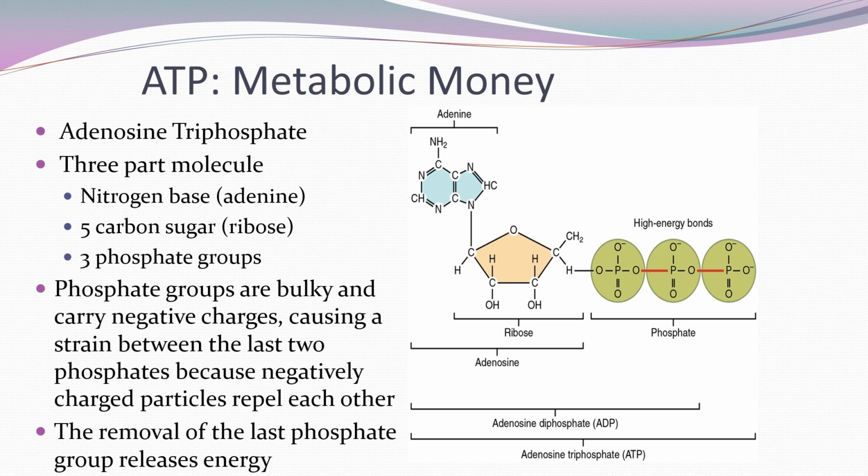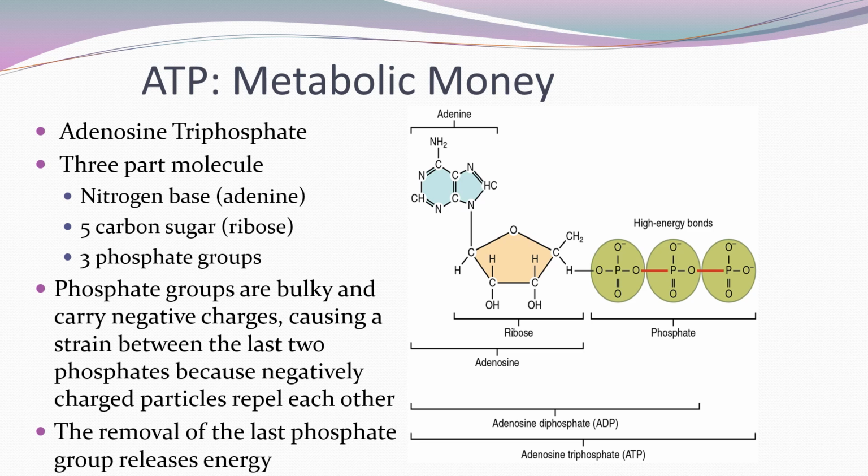So the reason that they are stuck together is because of a high energy bond that keeps them stuck together, even though they're trying to push and get away from each other. That's where the energy is going to come from when one of these phosphate groups pops off or breaks off.